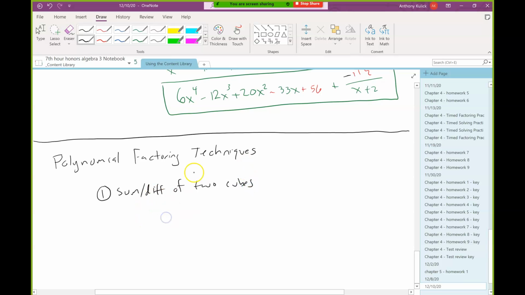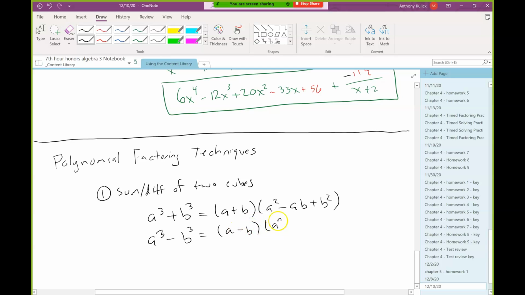So the sum of two cubes will factor this way, and the difference of two cubes factors this way.